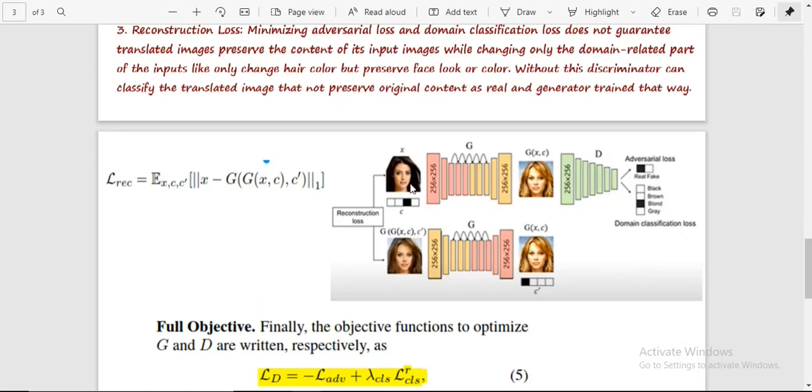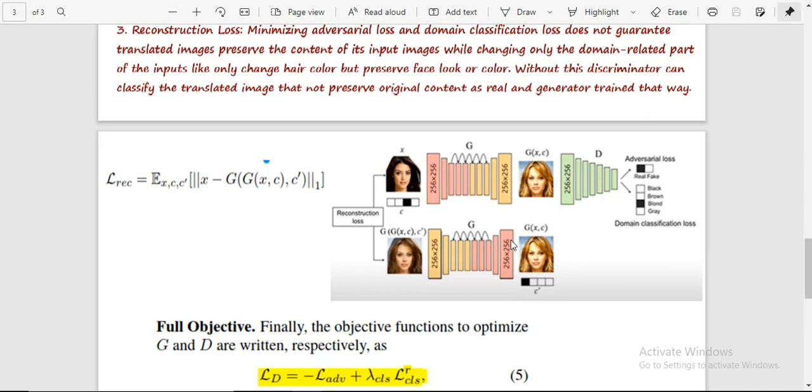And again this generated image is passed back to the generator, but the domain information is C dash, and the generator takes the generated image G(X) and tries to produce another image targeted on this C dash. It is a similar architecture, but like an inverted generator.